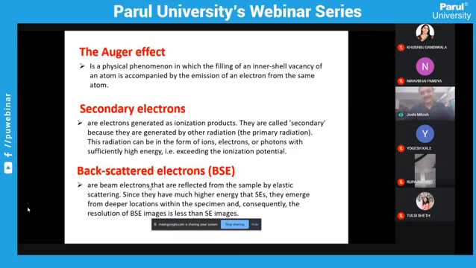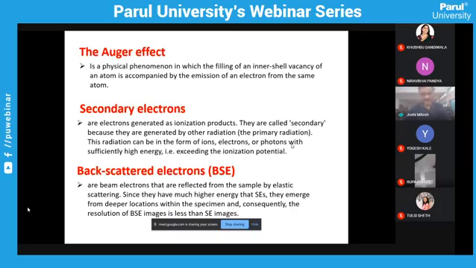Secondary electrons are generated by ionization products. They are called secondary because they are generated by other radiations. This radiation may be in the form of ions, electrons, or photons with sufficiently high energy that exceeds the ionization potential. In backscattering, the beam of electrons is reflected from the sample by elastic scattering.